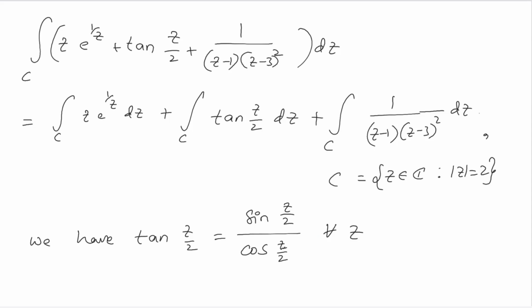We have cos z divided by 2 is 0 if z divided by 2 is nothing but 2n plus 1 into pi by 2.